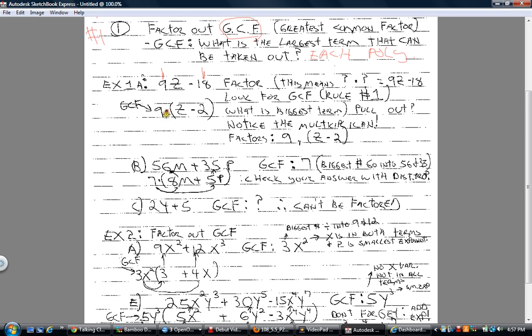Now we don't write the dot, but we know it's assumed there. 9 times what equals 9z? Answer z. 9 times what produces negative 18? Answer negative 2. So if I would take the distributive property to wherever you think the 2 factor terms are, it should boomerang back the original problem. So look for the GCF. Rule number 1, like I said, what is the biggest term? You pull it out. Notice multiplication's going on.